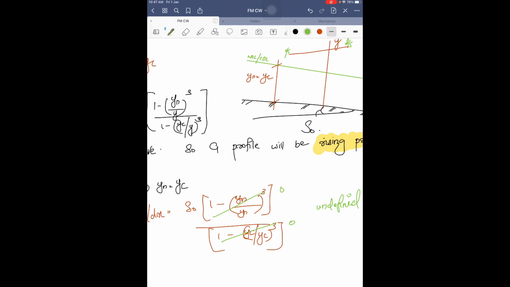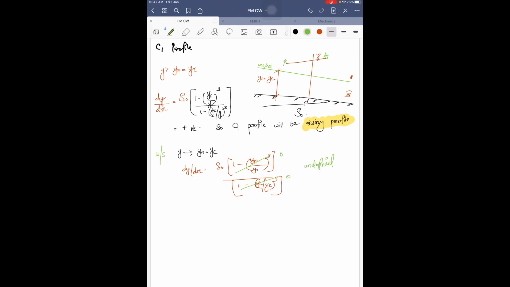So while defining the characteristics of the C1 profile at the upstream side, we have to take y greater than yn equal to yc, because if we take y equal to yn equal to yc, then the condition will become undefined.